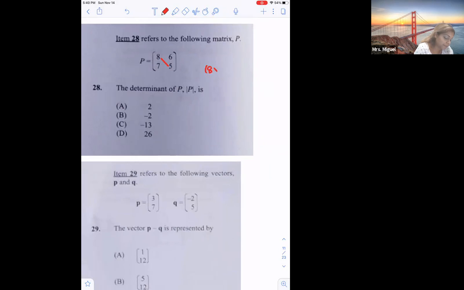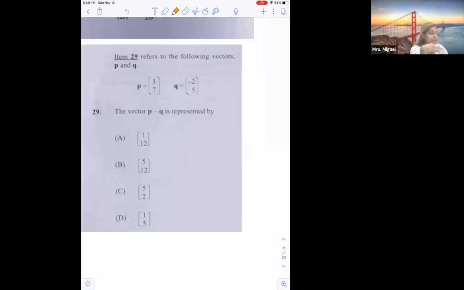So 8 multiplied by 5, take away 6 multiplied by 7. So 40 minus 42, the determinant is negative 2. B as in boy.